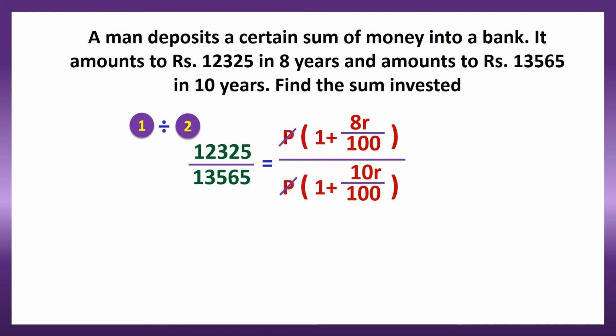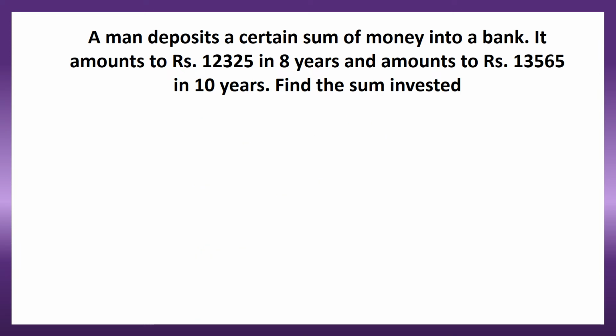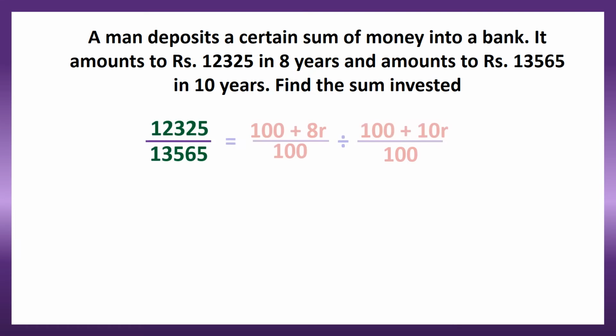Thus it becomes 100 plus 8R divided by 100, the whole thing divided by 100 plus 10R divided by 100. And it can also be written as 100 plus 8R by 100 divided by 100 plus 10R by 100.